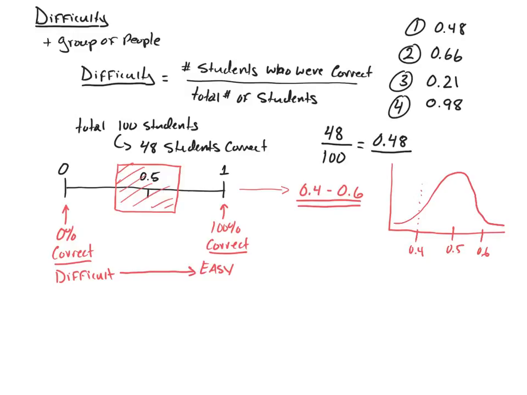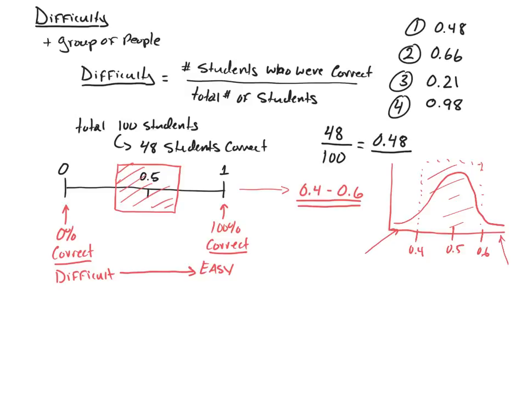And so you have a good, okay, you're representing a good chunk of your students here, okay? If you are shooting for a 0.4 to 0.6 with your outliers, okay, you have outliers here, very, very difficult questions, and you have your outliers here, very easy questions. Okay, so again, just a general rule of thumb.